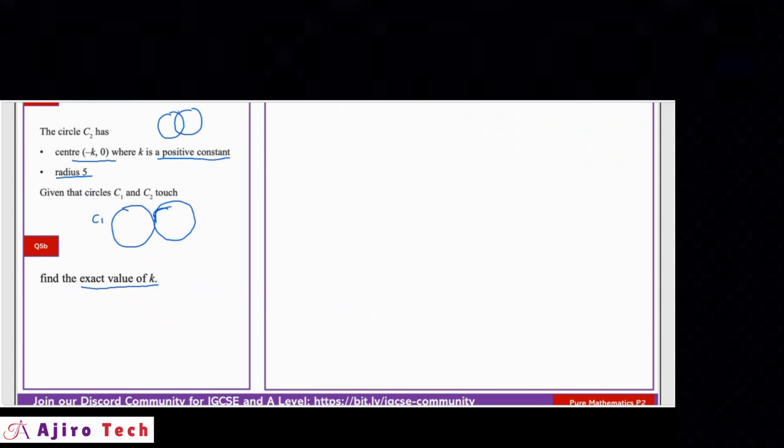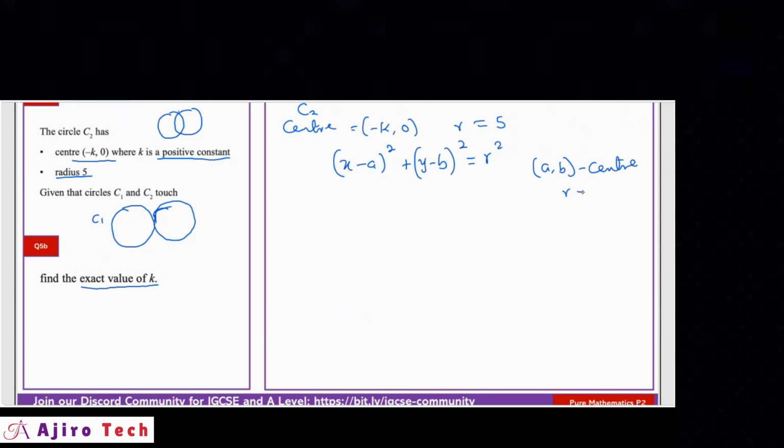So the first thing we need is the equation of circle 2. We're given the center, (-k, 0), and the radius is 5. So we can use the standard equation of a circle: (x minus a) squared plus (y minus b) squared equals r squared, where a and b are the center and r is the radius.